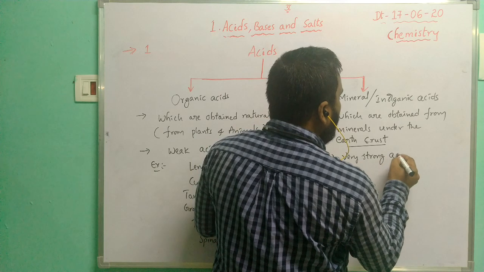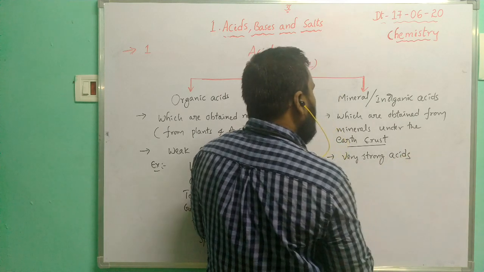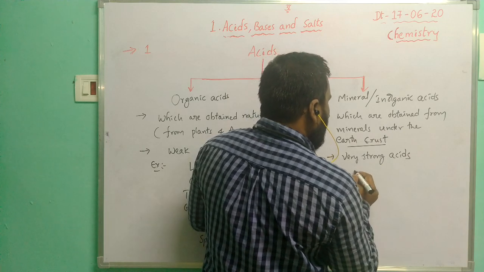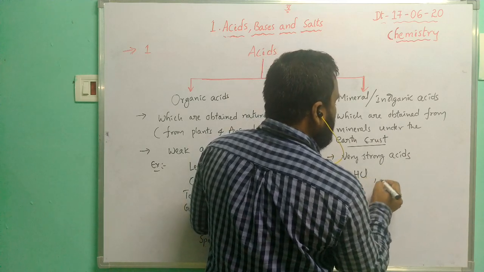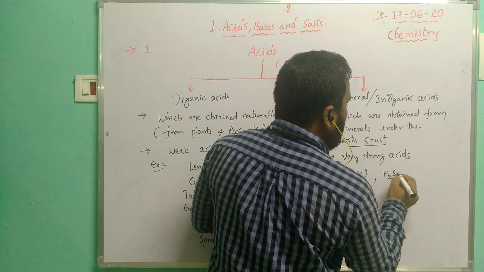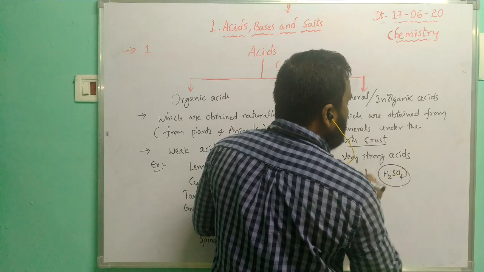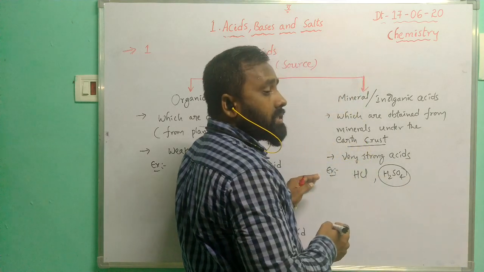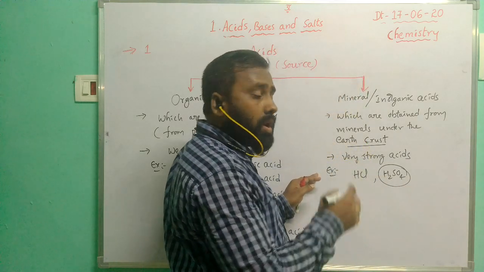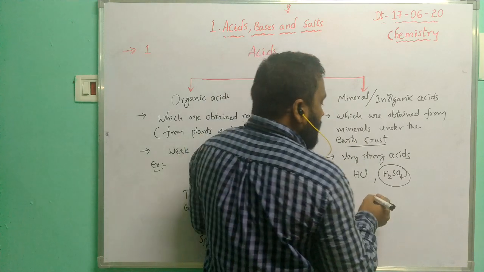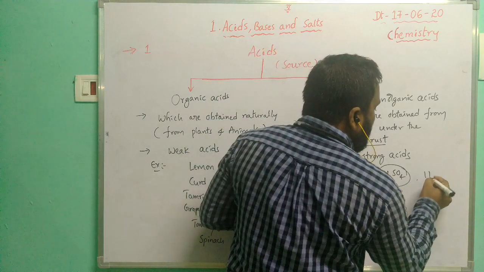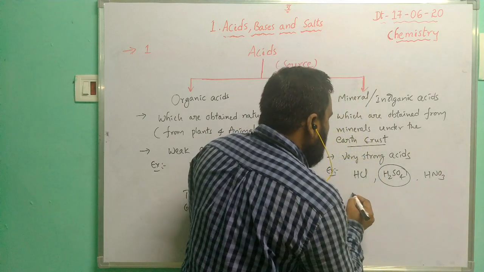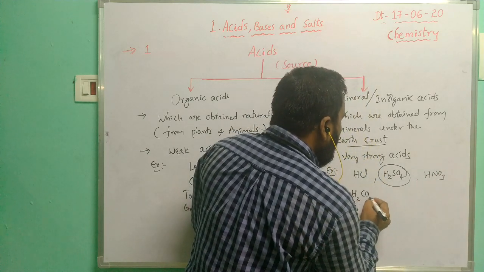Some examples: HCl, hydrochloric acid, and H2SO4, sulfuric acid. It is also called the king of the chemicals, and also oil of vitriol. And also HNO3, nitric acid, and also H2CO3.